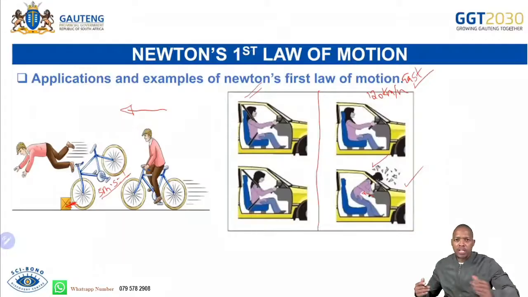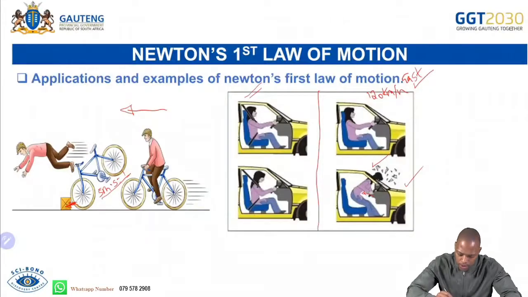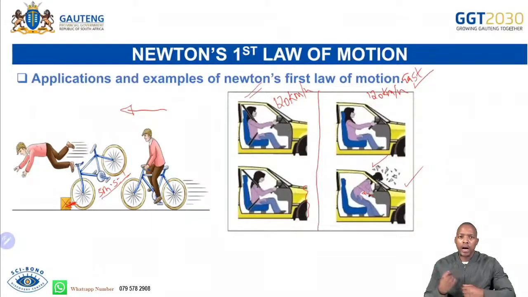Put a seat belt around your seat, so that if the car suddenly comes to a stop, as you can see here, let's say she was still moving with the same speed of 120 kilometers per hour. As you can see here again, she comes to a sudden stop, maybe crashing there. But as she is going forward, what happens? The seatbelt comes in and stops her from going forward.